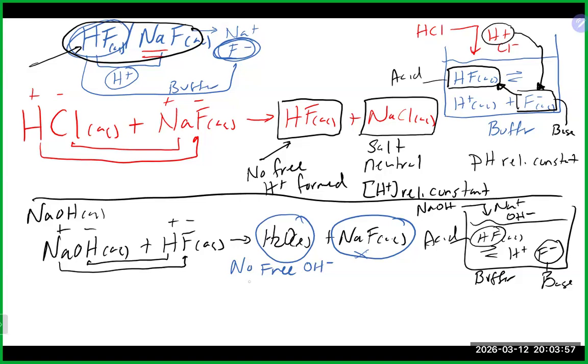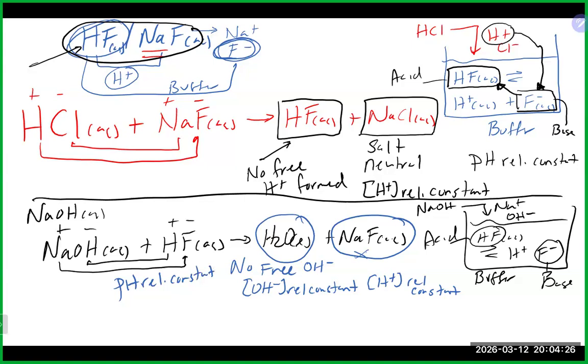Because the concentration of OH minus will stay relatively constant, and if you remember, the concentration of OH minus and H plus are tied to each other. As one goes up, the other goes down. So as H plus goes up, the OH minus goes down, and vice versa. That means that our H plus concentration will also be relatively constant, and by default, the pH will remain relatively constant.